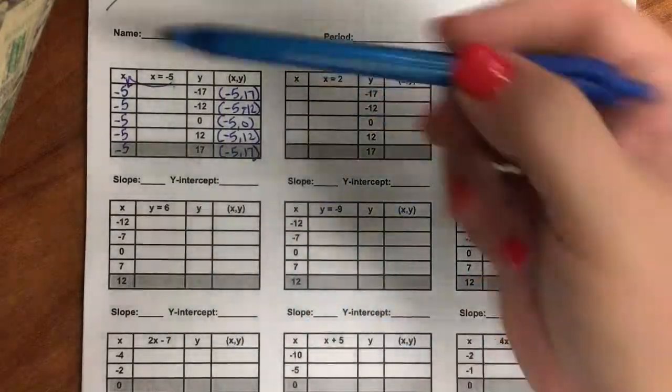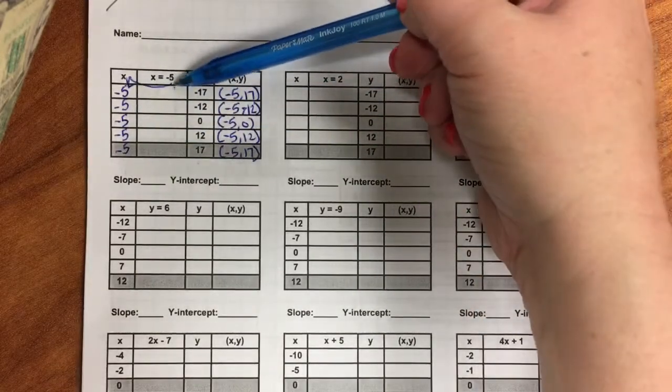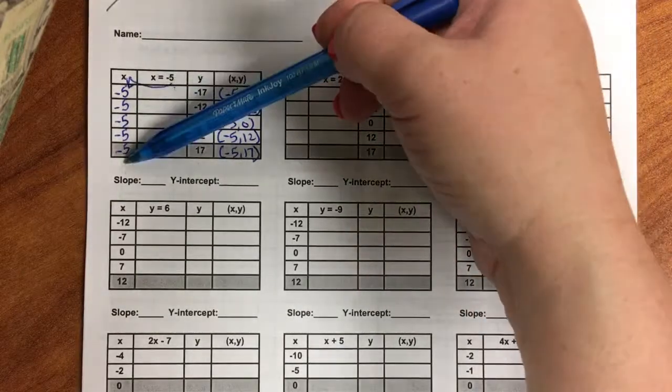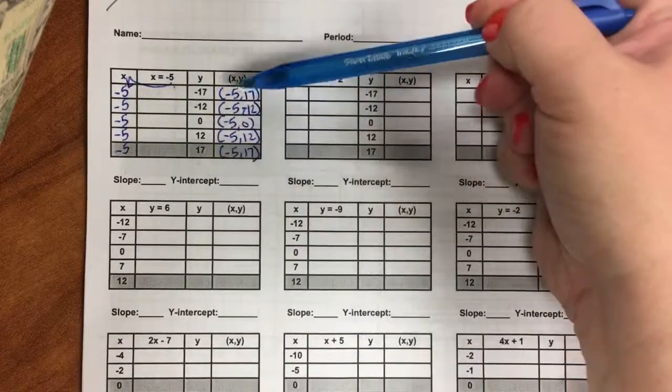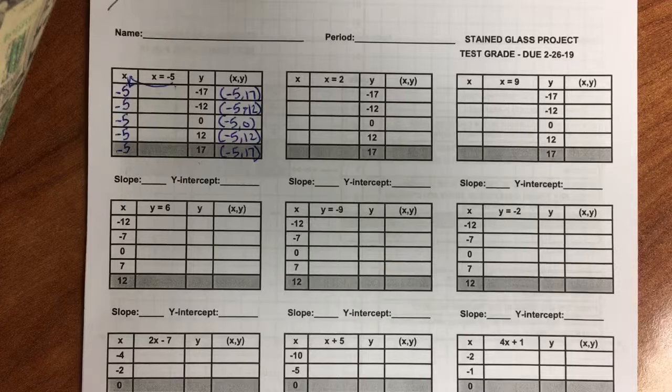There's nothing that you have to do in this section. You're just going to take this value, whatever x is equal to, write it 5 times. I've given you the y. You put the x and y together, and it gives you the ordered pair.